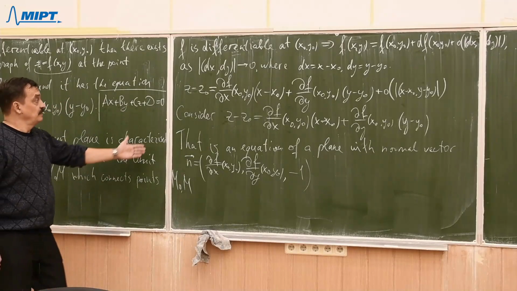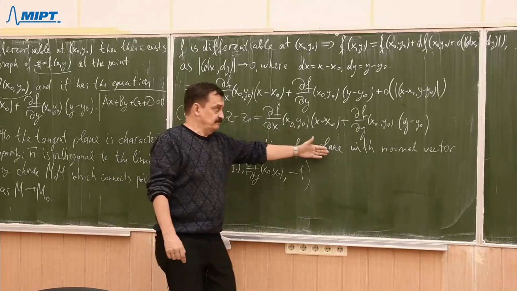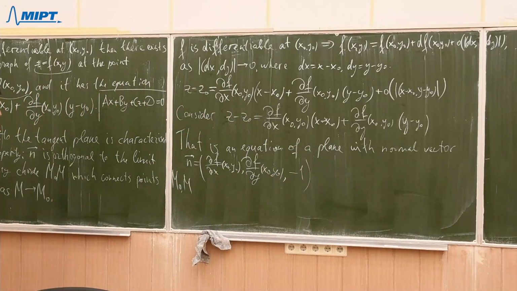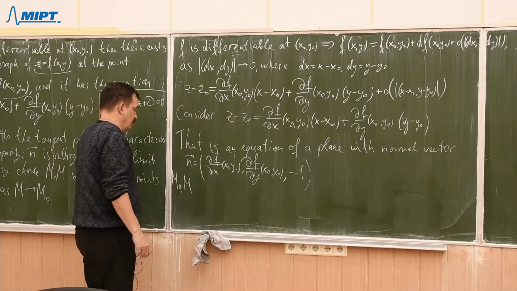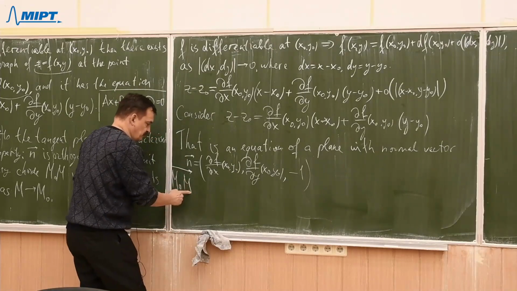So, what is written here is precisely an equation of a plane. The normal vector looks like that. Now, what about the coordinates of this vector M naught M?